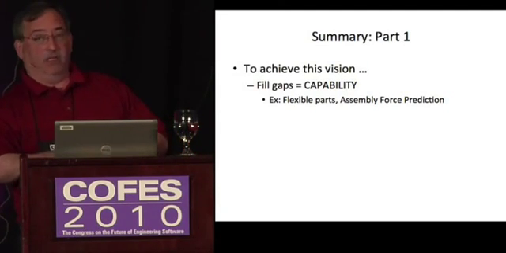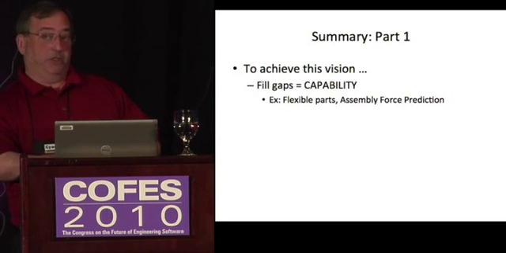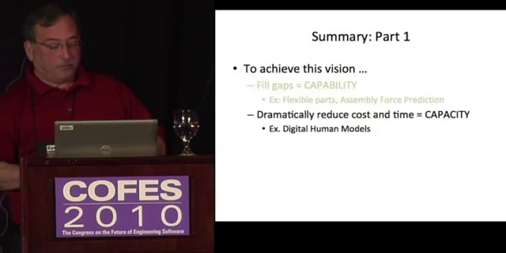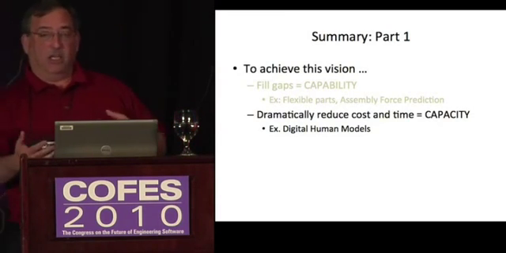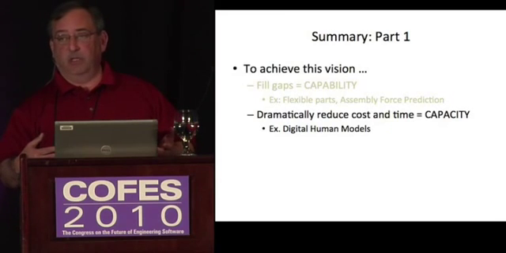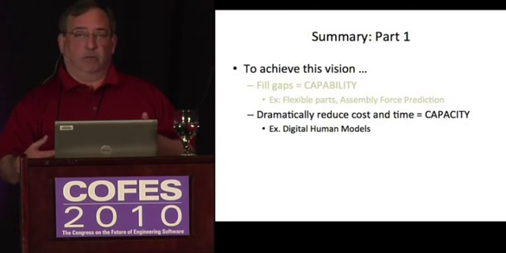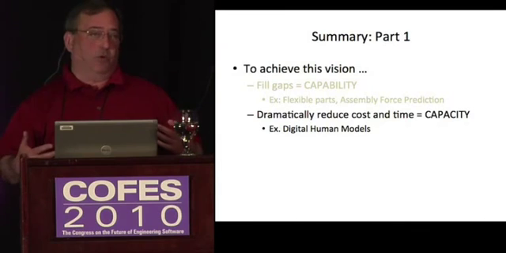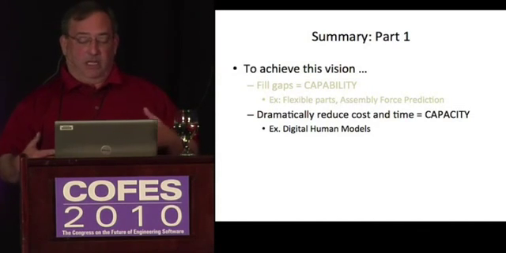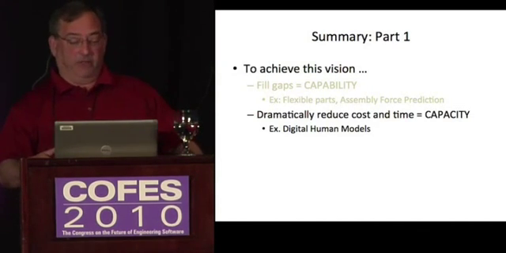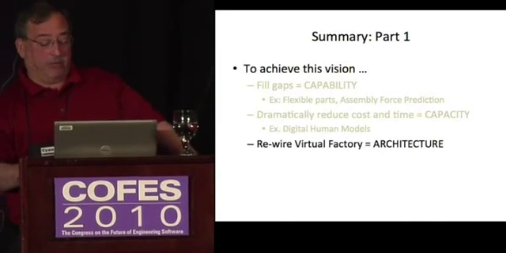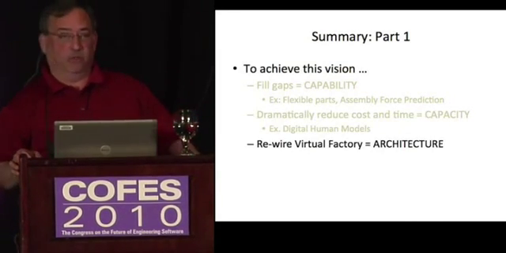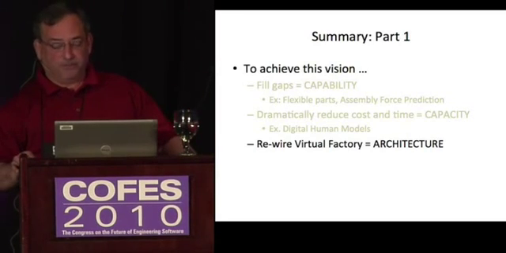We don't have the capability today. The other is assembly force prediction. We don't have the capability today. But even if we have the capability, we have to dramatically reduce the cost and time associated with creating these simulation models. They have to be much more intelligent and automated, and I gave an example of that in the digital human model. And then the third thing that we have to do is basically rewire the virtual factory, which is an architecture.